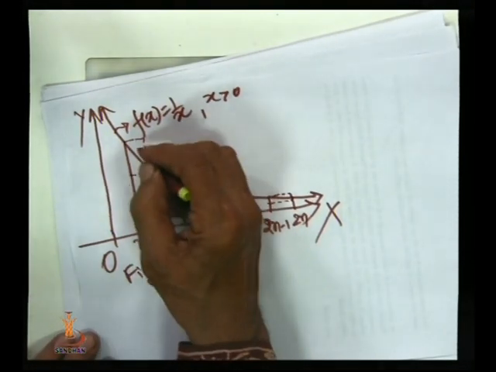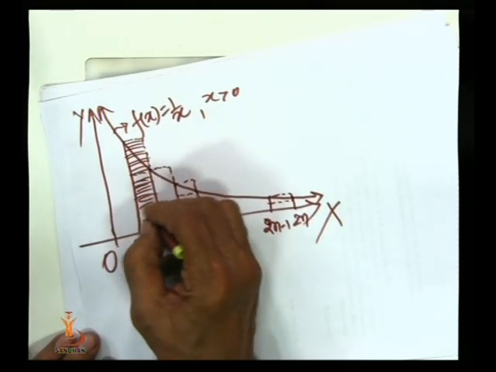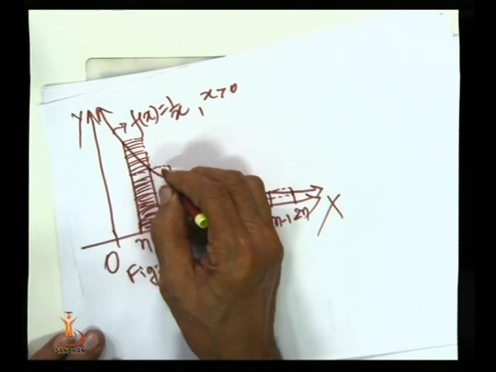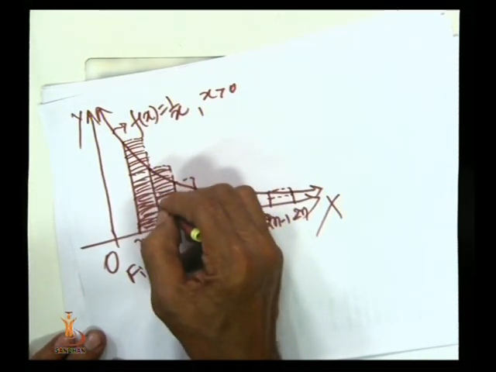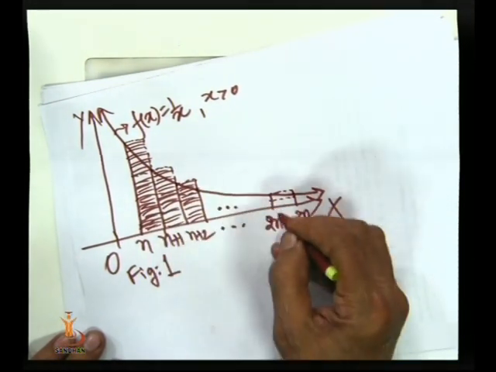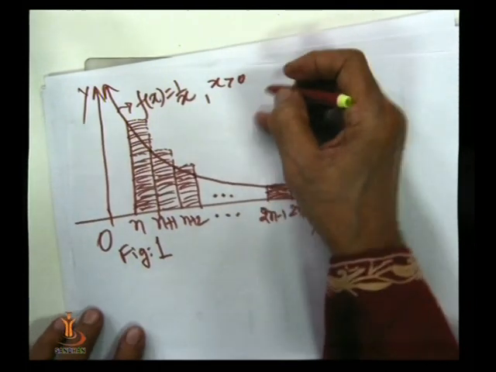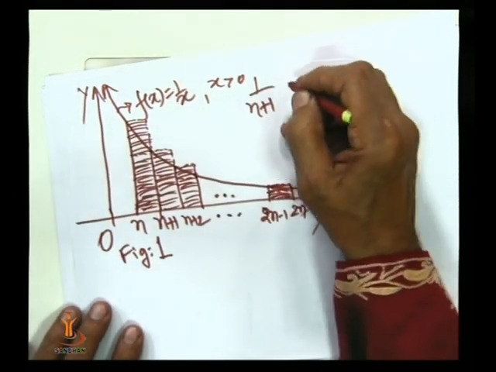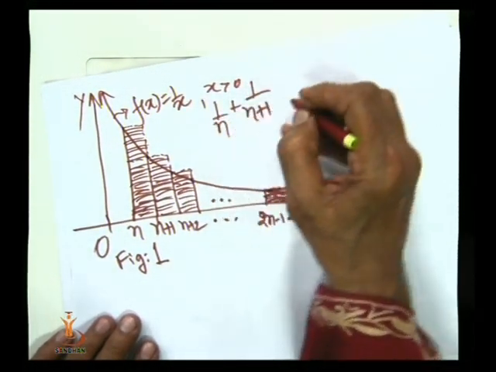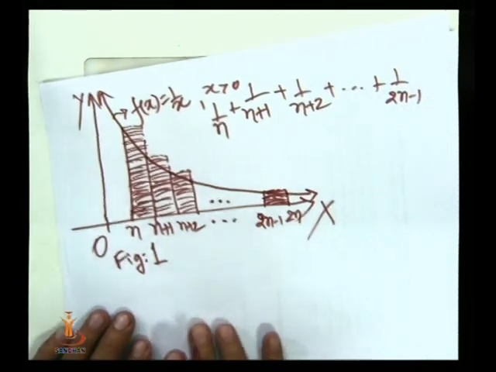Now, if I take this one, let me take 1 upon n, 1 upon n plus 1, 1 upon n plus 2 and so on and so forth up to 2n minus 1.